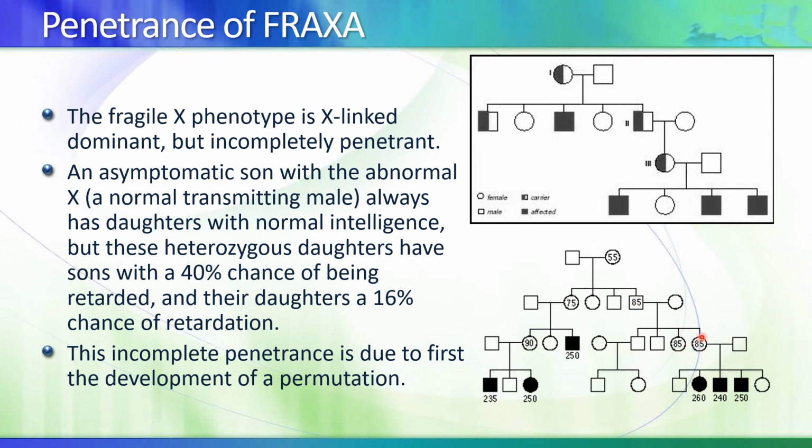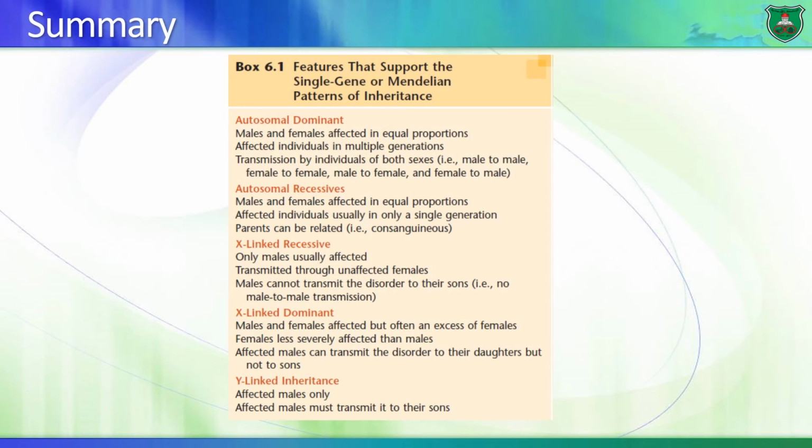Now this daughter would transmit the disorder to her offspring, and they would be affected. Same thing here. Again, these are features and rules that you can follow in order to determine if a certain disorder follows the pattern of autosomal dominant or recessive or X-linked or Y-linked and so on.